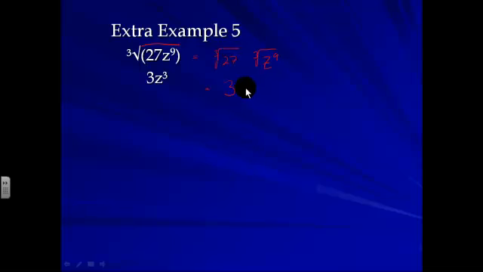And in this case, remember that this is z to the 9th to the 1/3 power. If I multiply these, that's z to the 9/3, which gives me the final answer of 3z cubed.